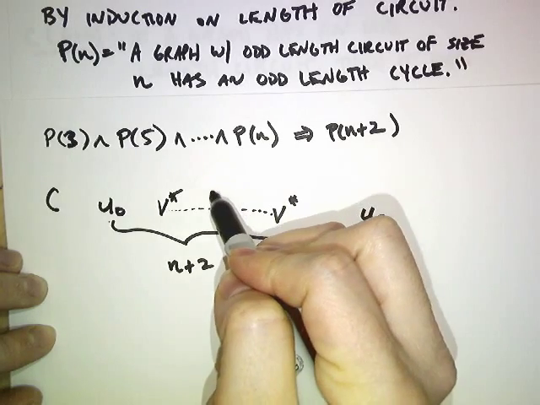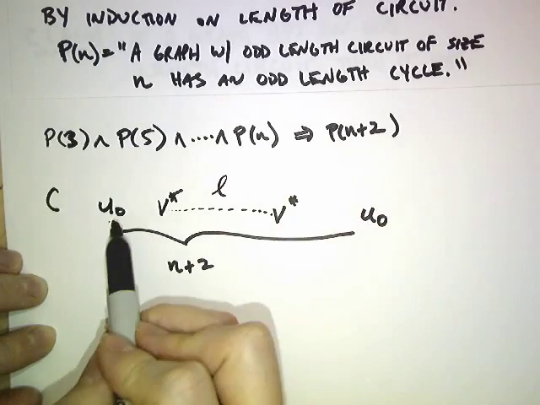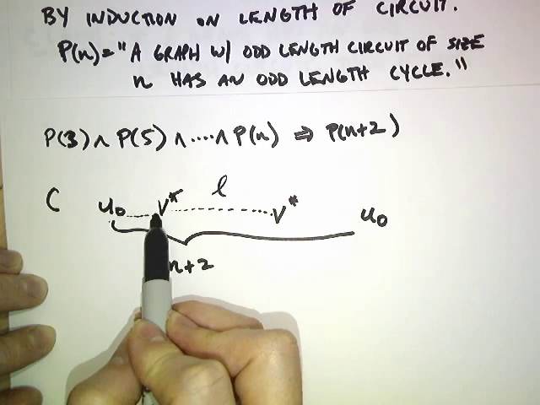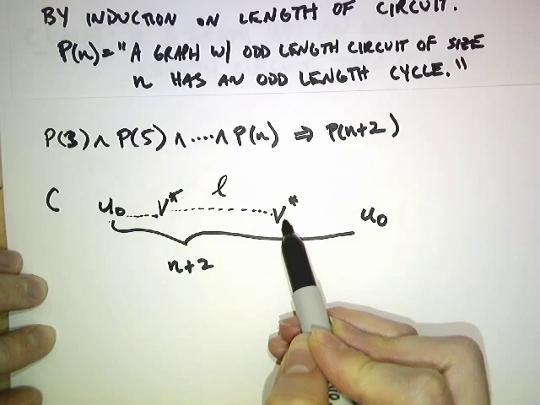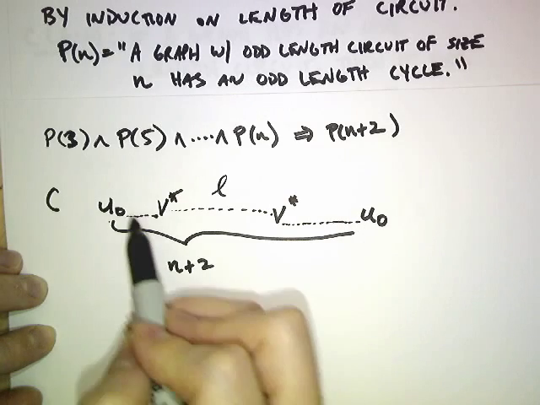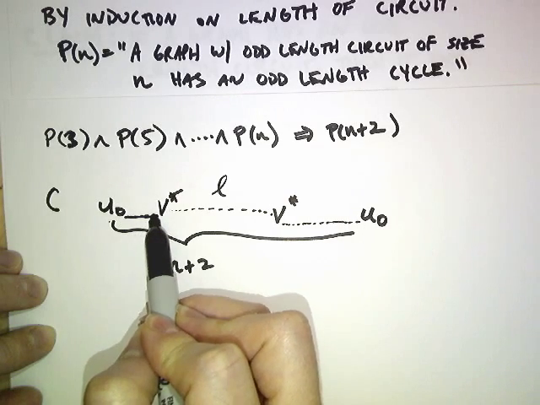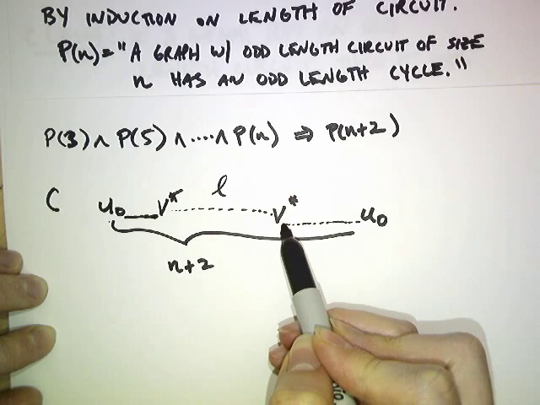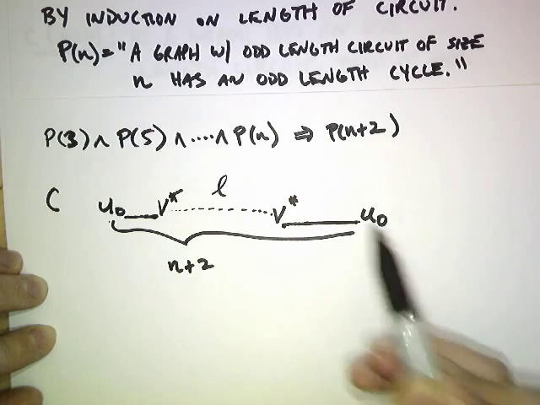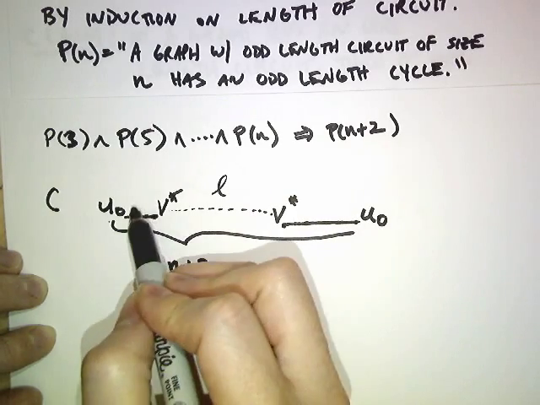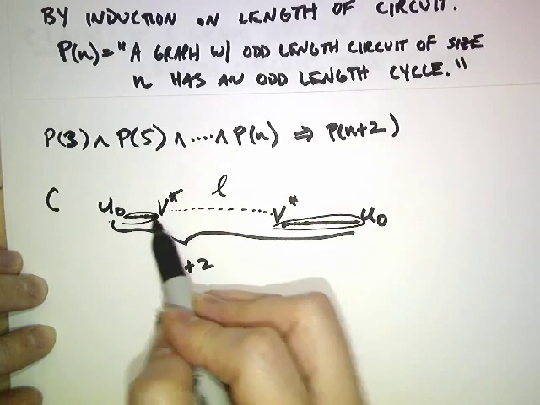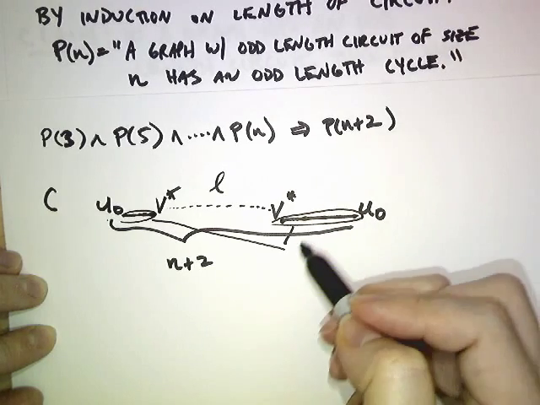Let's say that circuit has length L. And then there's the circuit that starts at u0, goes to v star, skips all this, and continues on after v star, ending at u0. We'll say that these two segments together have length r.